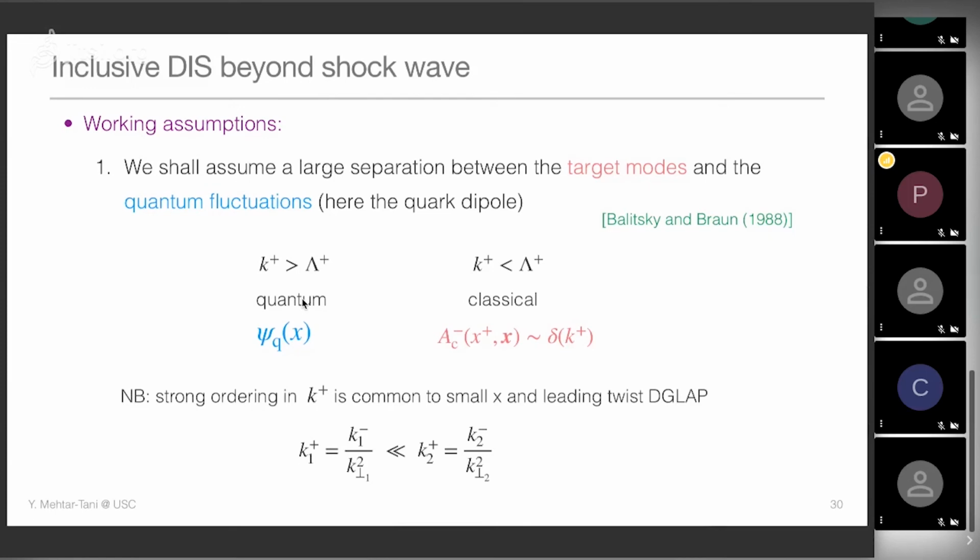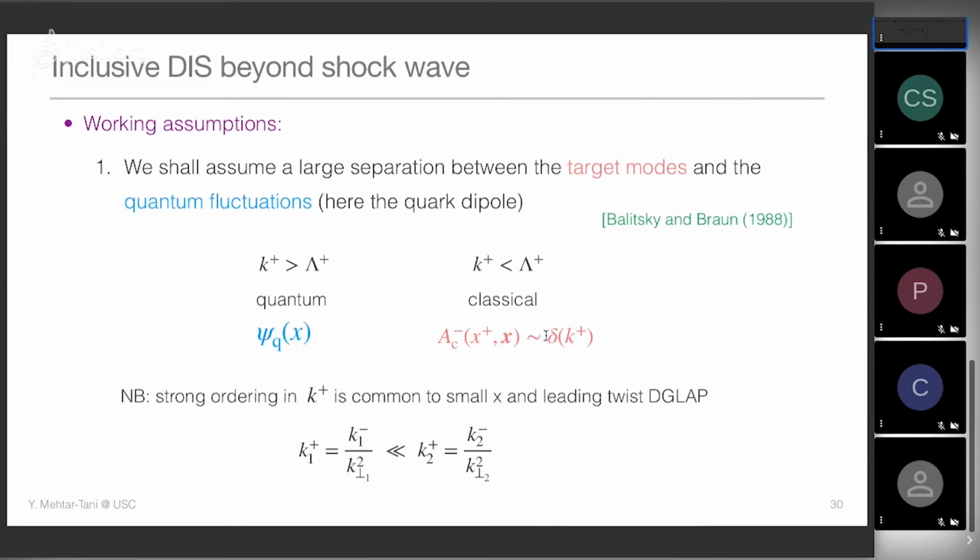We will factorize the target fields from the quantum fluctuations by implementing some kind of factorization scale. Any fluctuation that has a k plus larger than this factorization scale would be calculated order by order in perturbation theory, while anything with k plus below lambda, this factorization scale, would be assumed to be part of the target.